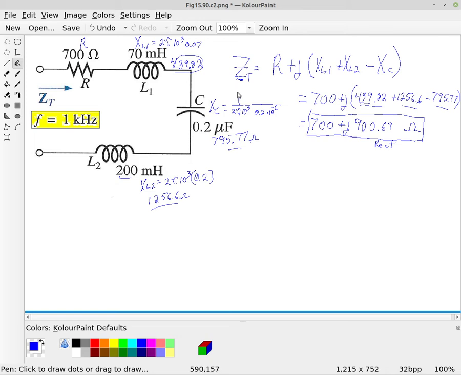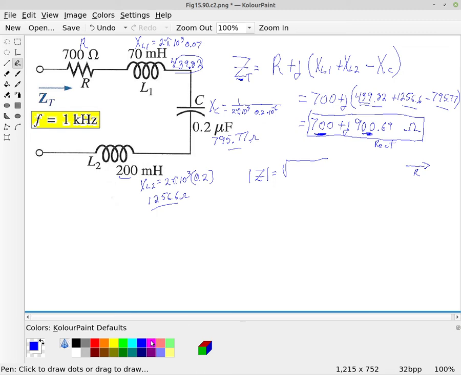Now, if we wanted to calculate the magnitude of that, you could do it using Pythagoras' theorem. You could calculate the magnitude of Z, where we have the real portion, and then the 90-degree phase shift. If I was to draw the impedance diagram of this, R would be going this way.